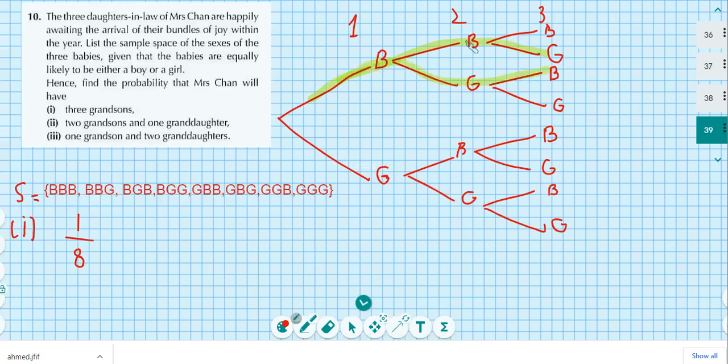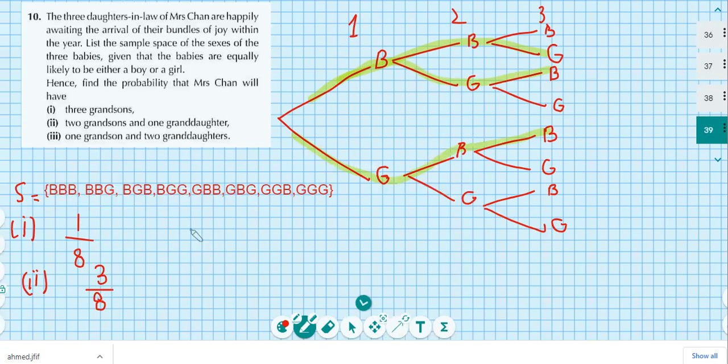You can see that in each branch we have boy, girl, or two boys and one girl. Similarly, for this one, we have another branch, boy and boy, girl, just three. So the probability for the second part: available outcomes are three, and total outcomes are eight.